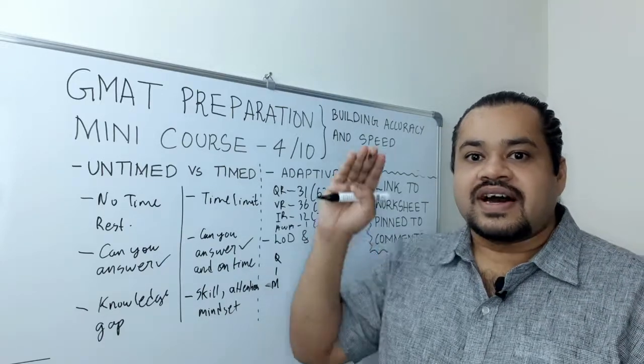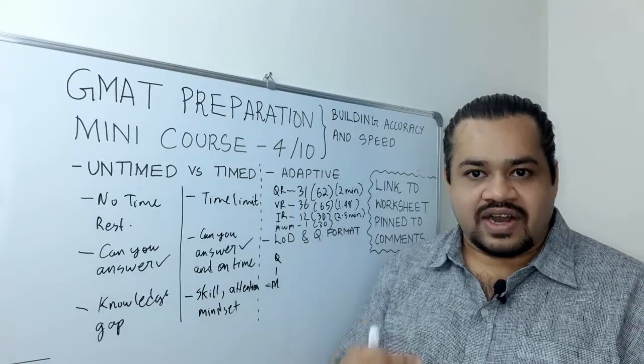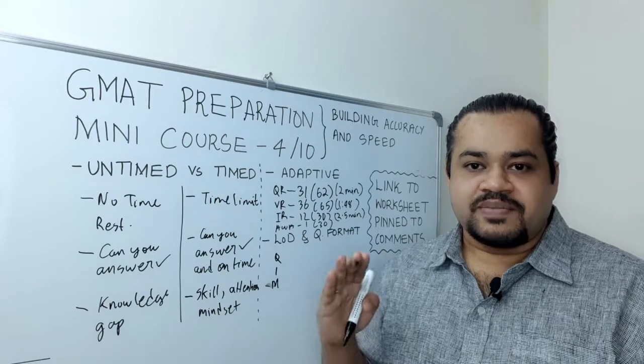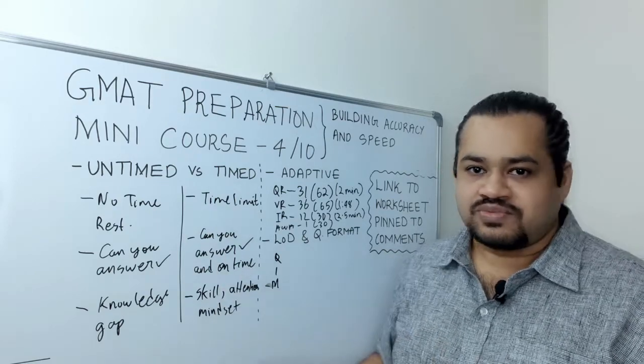Ideally, if you want a high GMAT score, then GMAT should consistently give you hard questions. The number of hard questions that you get has a direct correlation with what your final score is going to be.